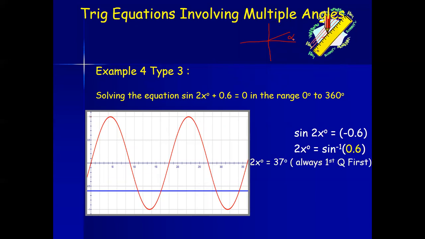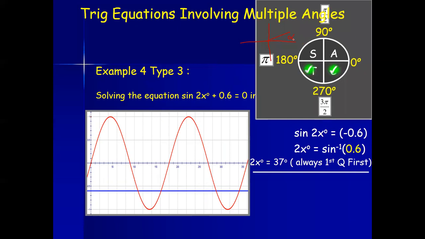Now I'm getting 2x equal 37 degrees when I do inverse sine of 0.6. So that's the first quadrant. But remember, I'm looking for 2x where sine is negative. So where is sine negative? Where it's not positive. In this quadrant and in this quadrant. So here we said we get 180 plus. So we need to get 180 plus 37 and 360 minus for this side. So you write 2x equal 217.